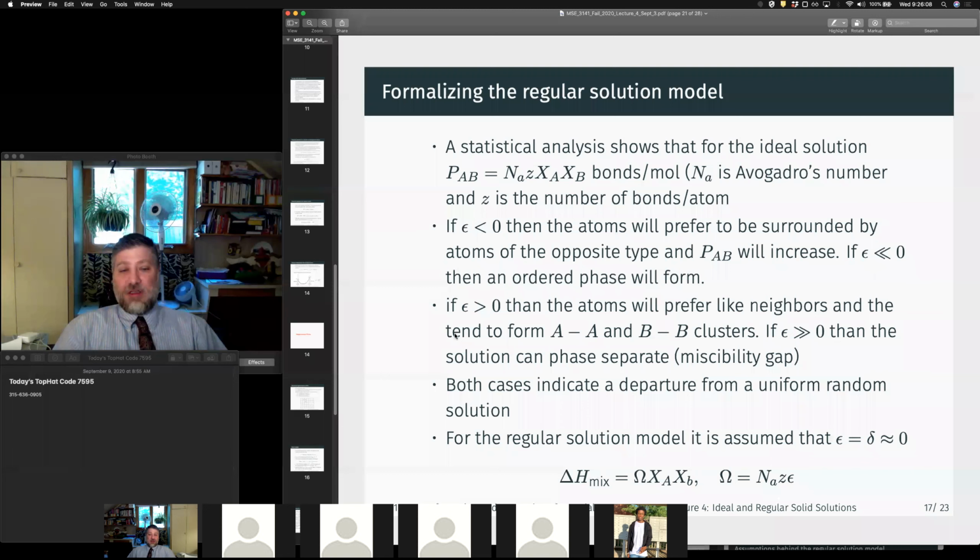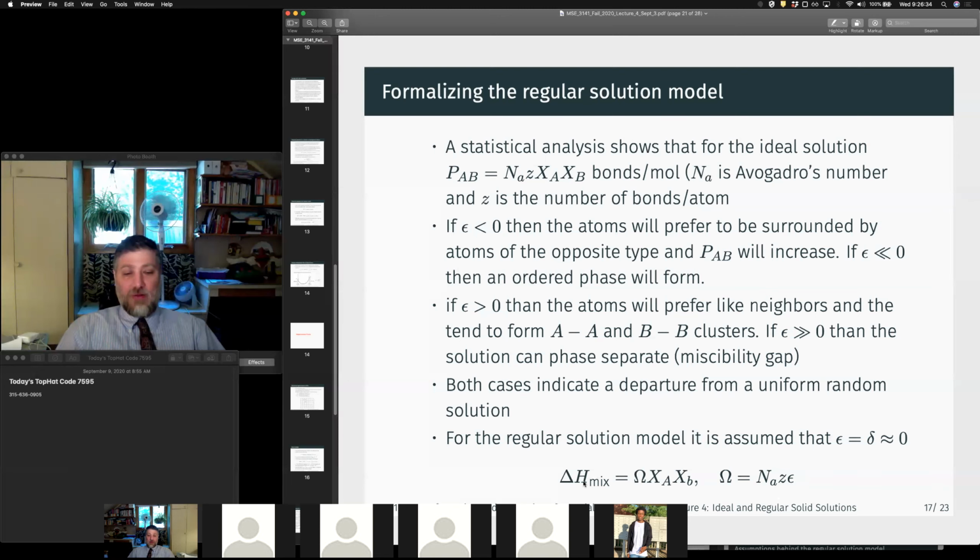If our epsilon is greater than 0, then our atoms prefer AA and BB rather than AB, and we're going to cluster. If epsilon is much, much greater than 0, then we're going to have a phase separation. Both cases indicate a departure from our uniform random solution.